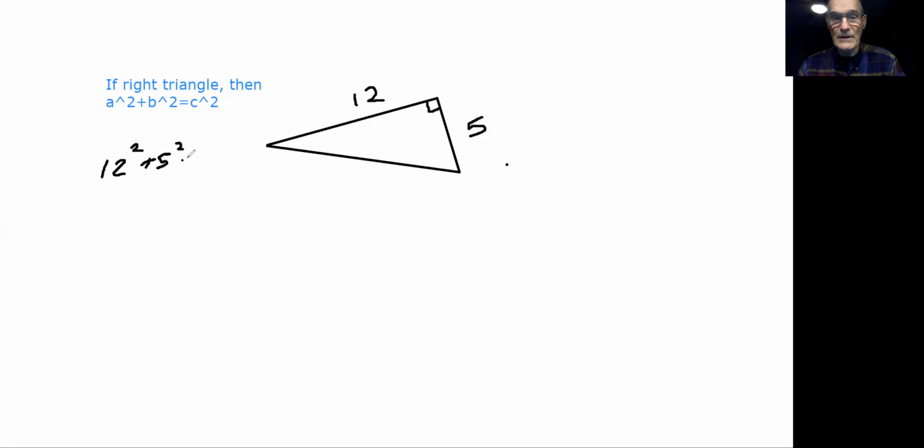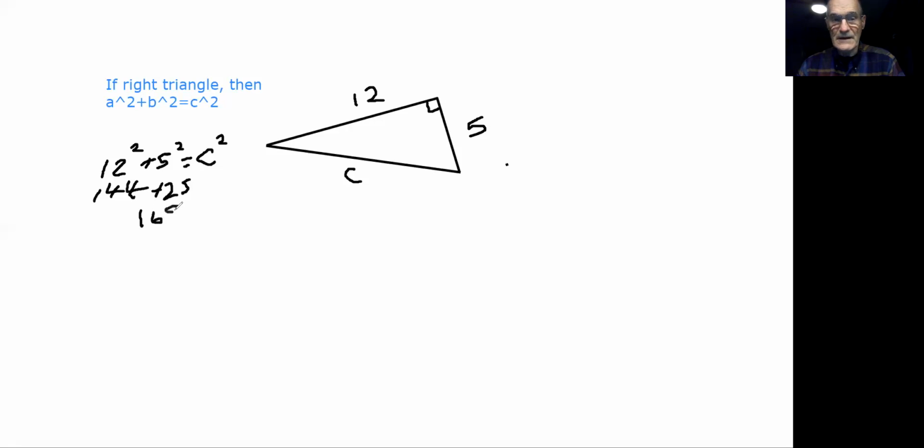equals c squared. Now c is always the side opposite the 90-degree angle, the hypotenuse. So if we do this, we get 144 plus 25, which is 169.